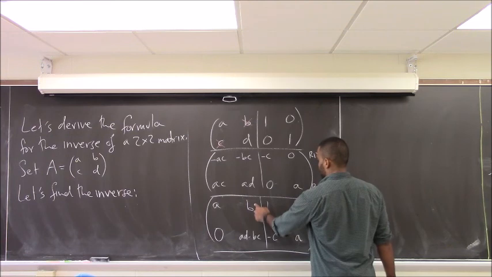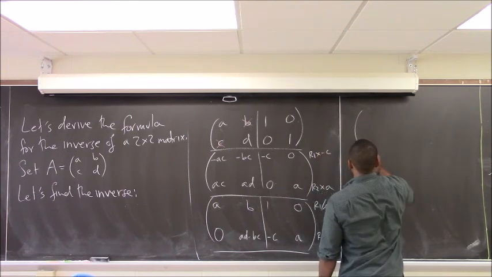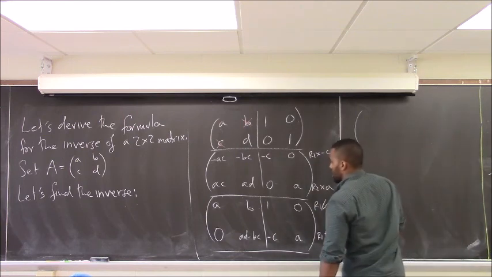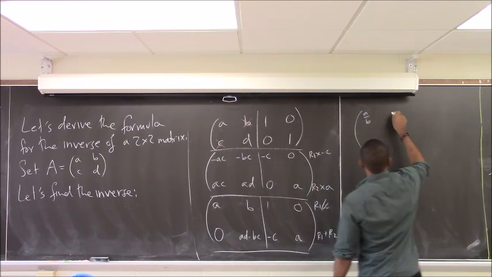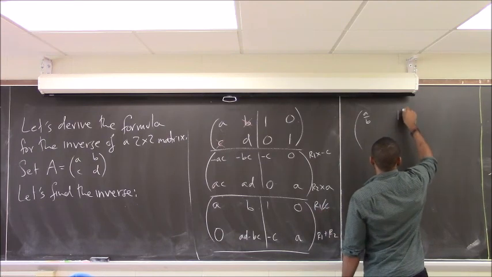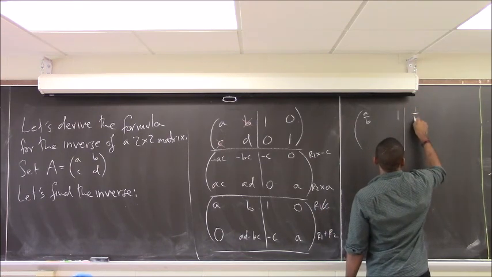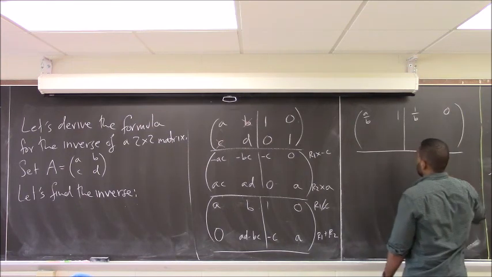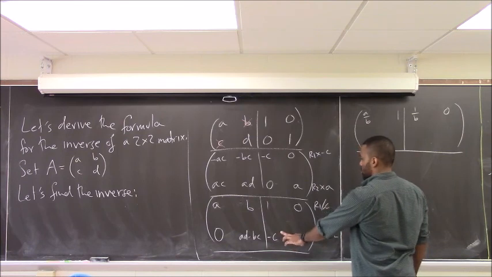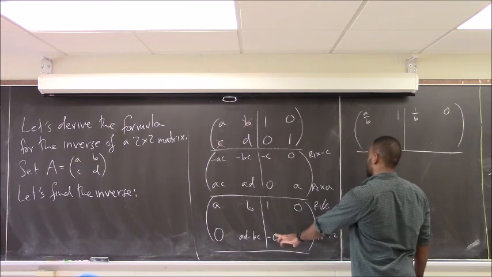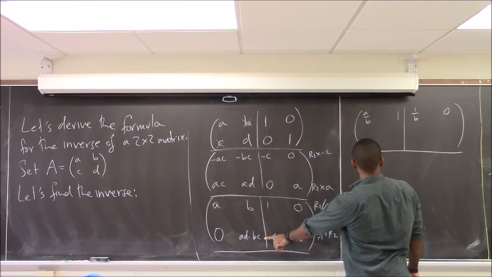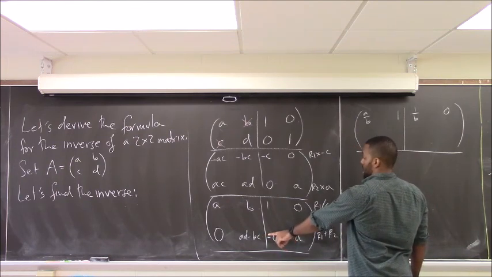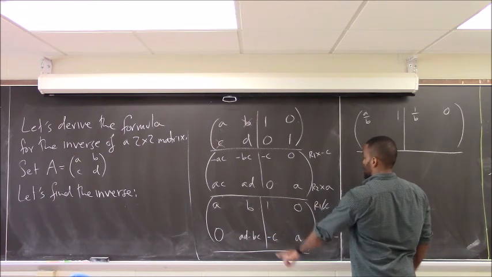Now I want to kill that b. What I can do here is maybe divide by b, if your b is not 0. You're going to see that the form works out even if b is 0, but there's going to be a special thing that we need to not be 0 that we'll see. And what I can do here is divide this row by ad minus bc.